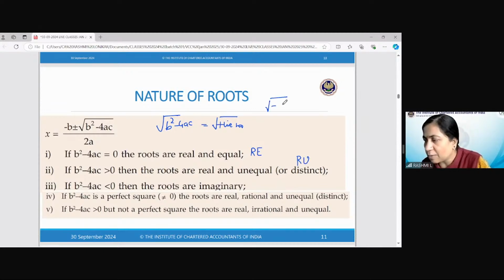आपको मालूम है, हम लोग ने स्कूल में पढ़ा है कि अगर नेगेटिव नंबर का स्क्वायर रूट होता है तो उसको क्या बोलते हैं हम लोग? कॉम्प्लेक्स नंबर्स में आता है. ओके. So if b square minus 4ac is less than 0, then the roots are imaginary. Okay.